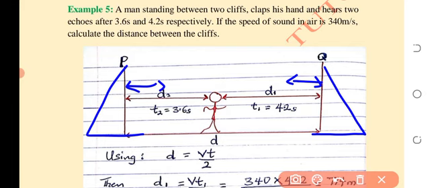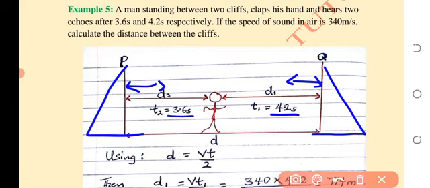According to the question, the time taken for the sound to come back to the man from one of the cliffs is 4.2 seconds, while the other is 3.6 seconds. This can easily help us calculate the distance between the man and each of the cliffs.